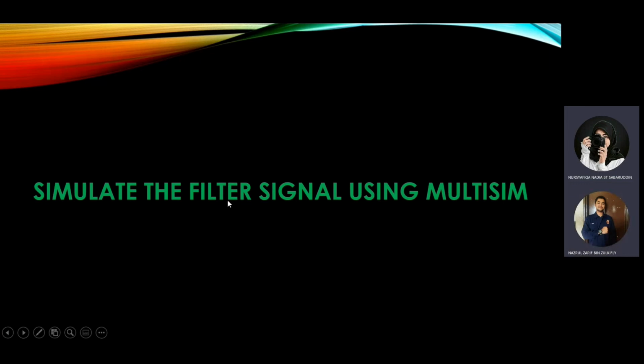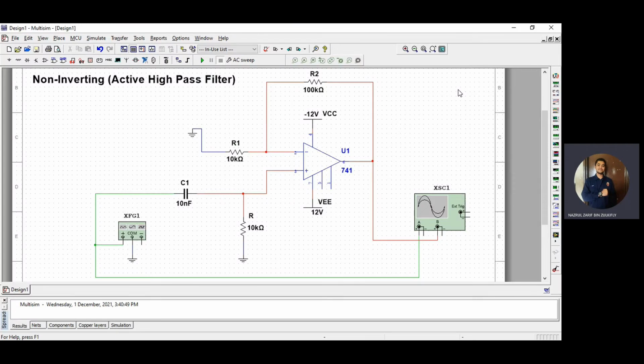Thank you, Ms. Shafika. Next, I will do the simulation for the high pass filter. This is the circuit for the non-inverting active high pass filter. Why is it non-inverting?